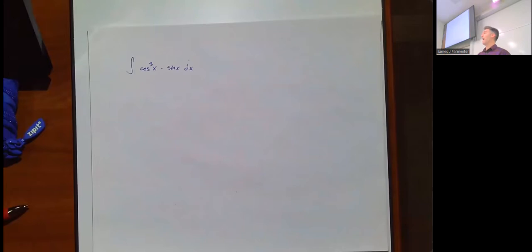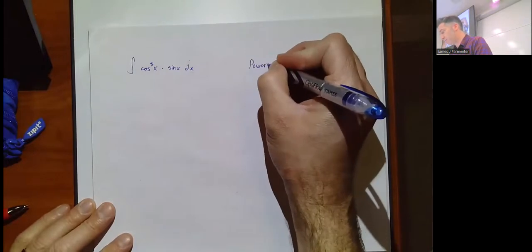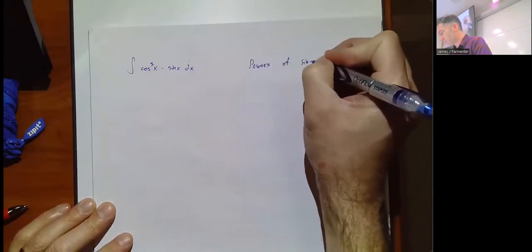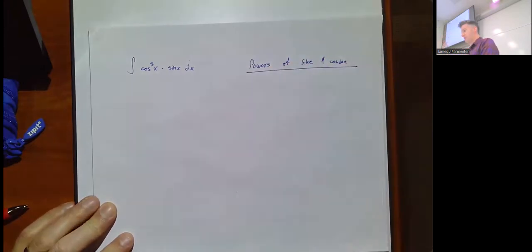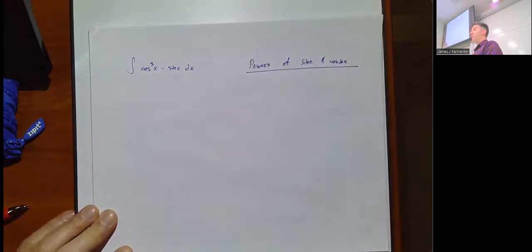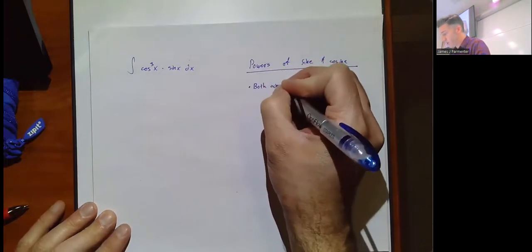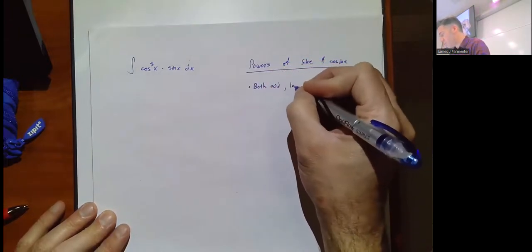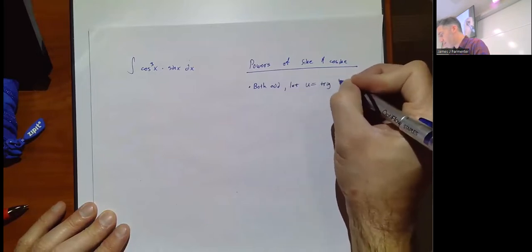So there's some guidelines for powers of trig, for powers of sine and cosine. There's a few different cases, but in the case where they're both odd powers, we're going to let u equal the trig function that's to the higher power.